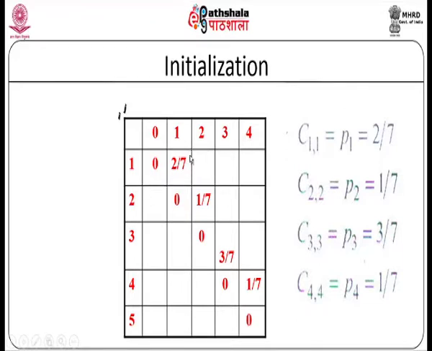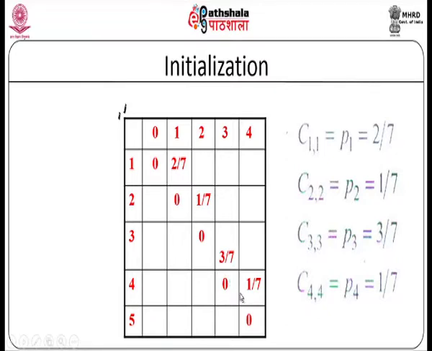Initially C of 1 comma 1 is going to be 2 by 7, that is given as part of the problem. 2 comma 2 is going to be 1 by 7, 3 comma 3 is going to be 3 by 7, and 4 comma 4 is going to be 1 by 7.